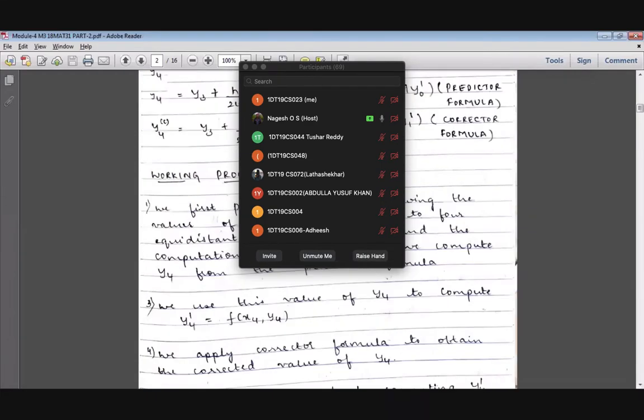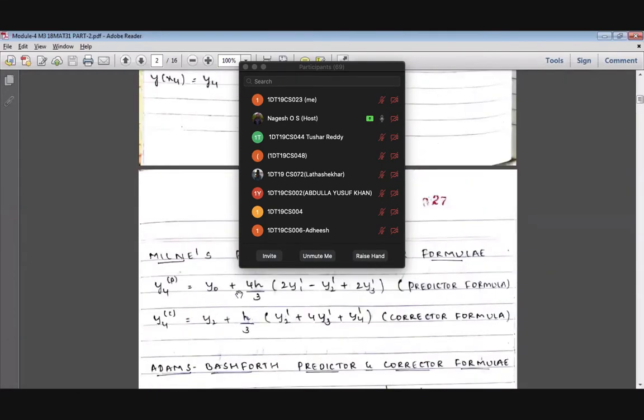This is the formula: y4 of p equals y naught plus 4h by 3 times 2y1 dash minus y2 dash plus 2y3 dash.